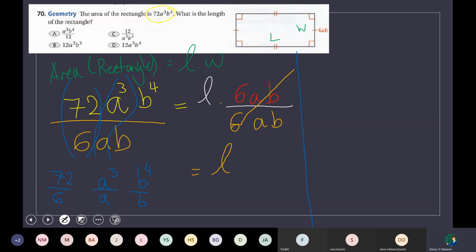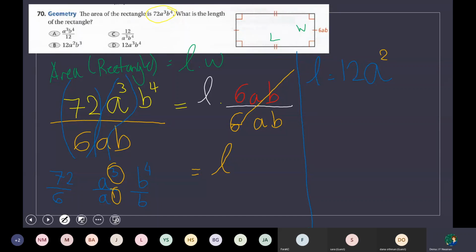Then L is 72 over 6, which is what? 12. Then a cubed over a, here we have divide and exponents. So it is a to the power 2.